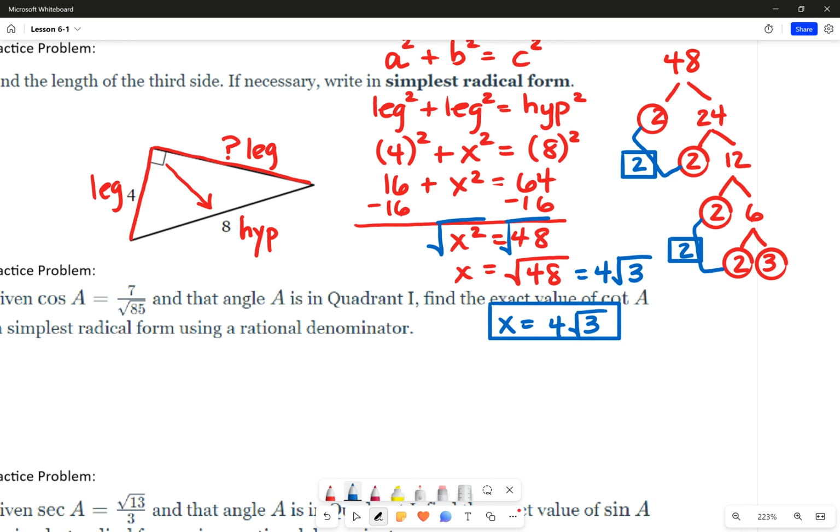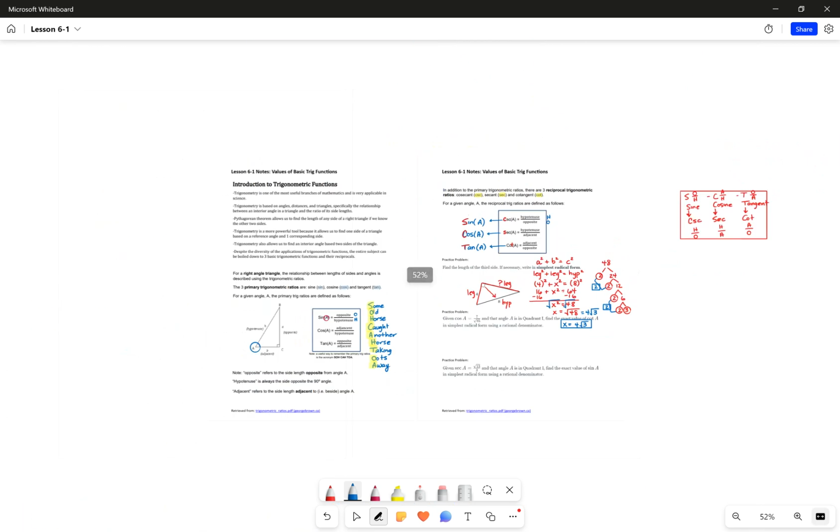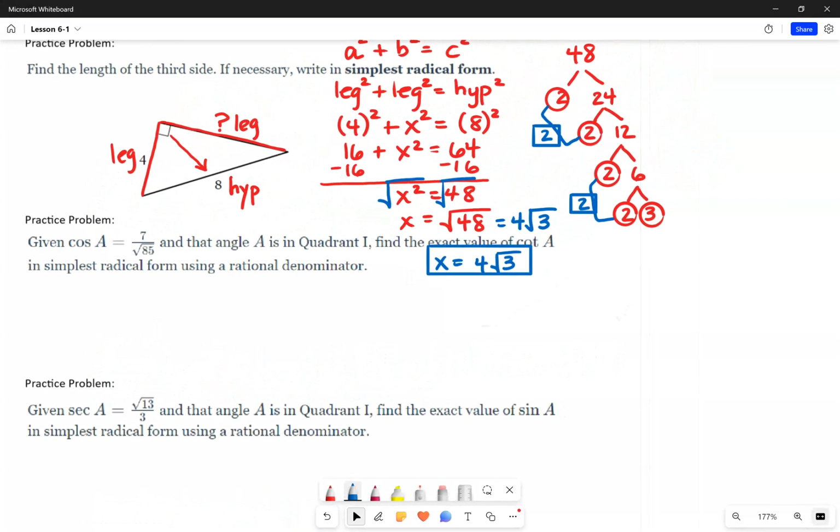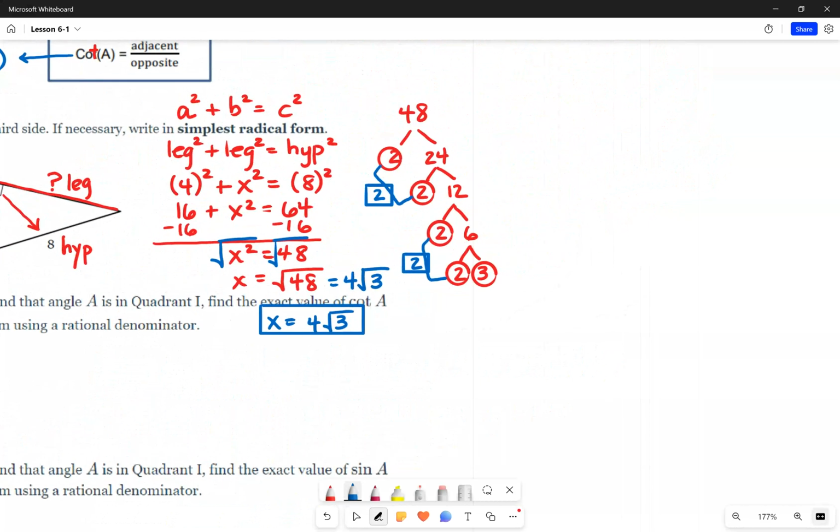If this little factor tree is kind of confusing you, another way I show students is this way. Once you have circled all those red numbers, you can tell yourself, okay, the square root of 48 is the same thing as saying all the numbers that are circled: 2 times 2 times 2 times 2 times 3. This pair goes together, they've got to leave.